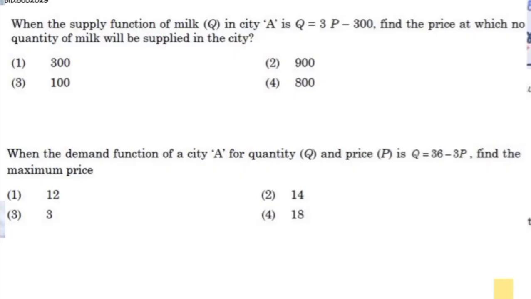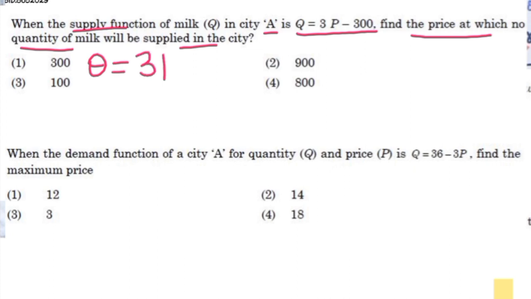Next question is, the supply function of milk Q in a state is given as Q is equal to 3p minus 300, p is the price. We have to find out the price at which no quantity of milk will be supplied in the state. Okay, what we are being given? We are being given quantity Q as a function of price, that is 3p minus 300. We need to find out the price at which quantity supplied will be 0.